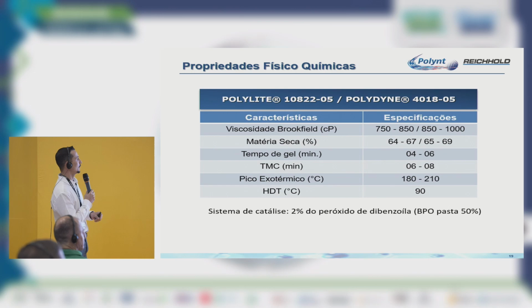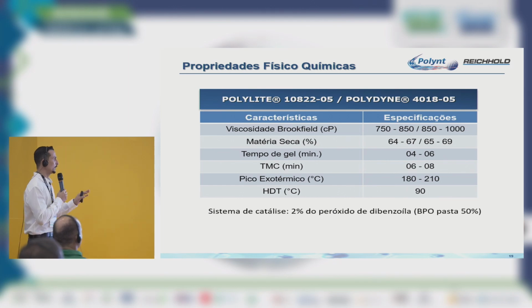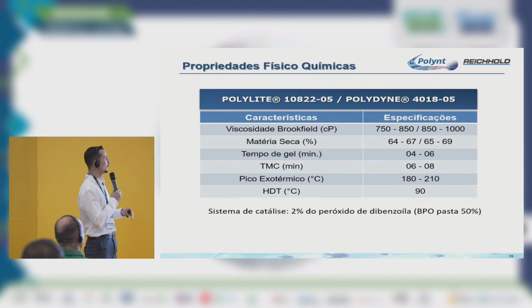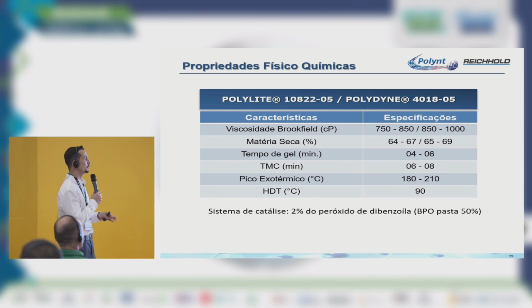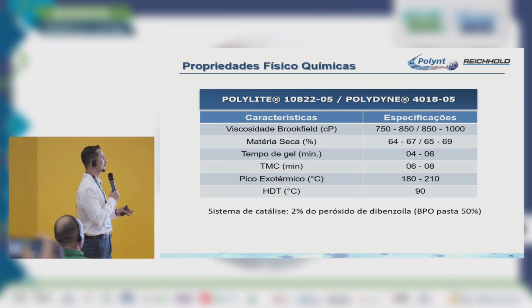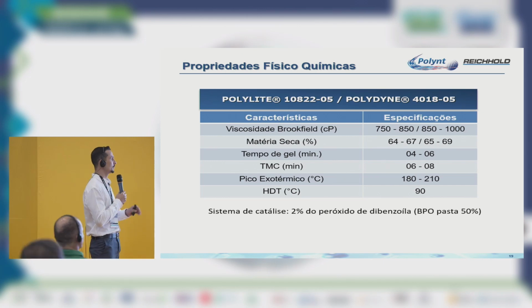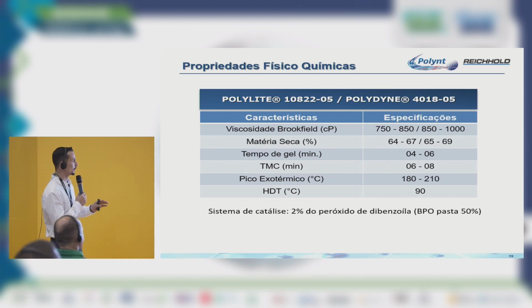On the left we have the specifications of 10822 and on the right 4018. In terms of Brookfield viscosity, they're very similar, 750 to 850 or 850 to 1000. Dry matter, 64 to 67 for the 10822, 65 to 69 for the 4018.